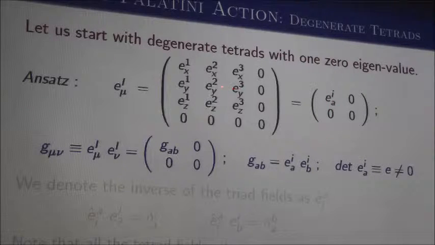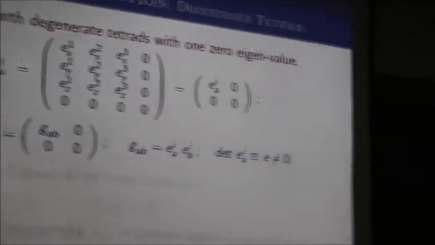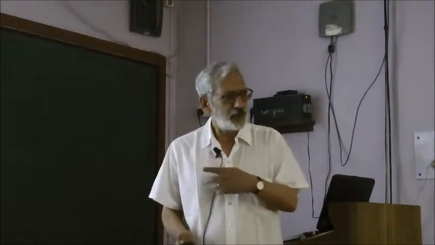Now that we are starting with this, first thing is that G mu nu equals E mu I E nu I. Does that not automatically say that since the metric has to be invertible, that definition is true only when E mu I is invertible? No, the metric is not invertible here. The 4-metric is also degenerate. In fact, the title of the paper was Degenerate Space-Times.